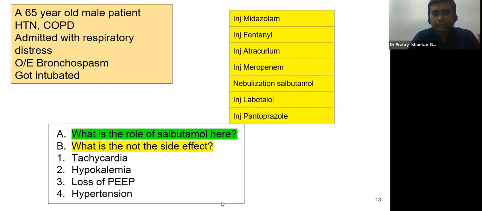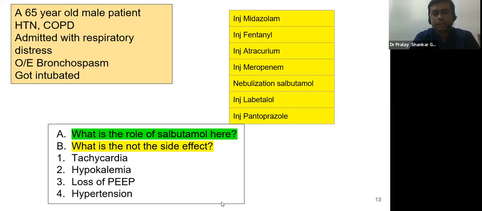Can I see some answers? So you are giving salbutamol. Do you expect tachycardia? Yes. And hypokalemia, yes, because treatment of hyperkalemia is salbutamol. So if we give salbutamol, we can expect hypokalemia as a side effect.